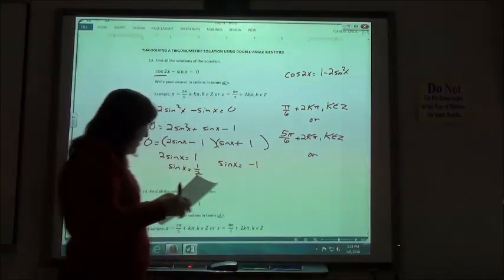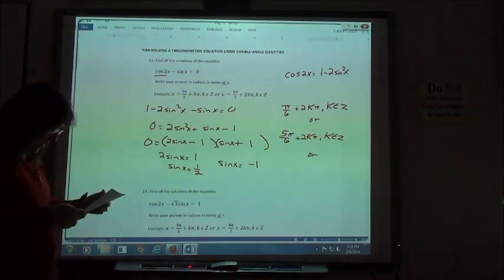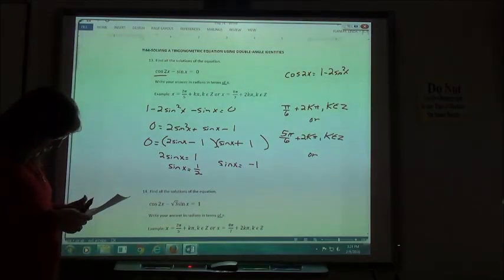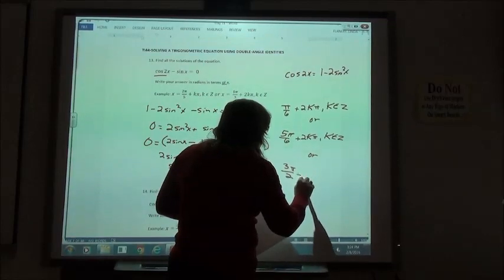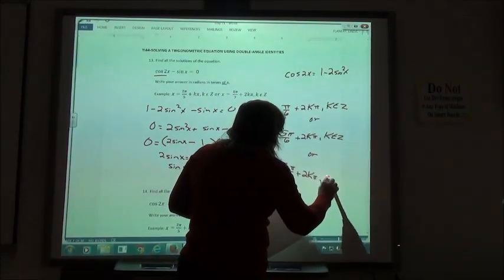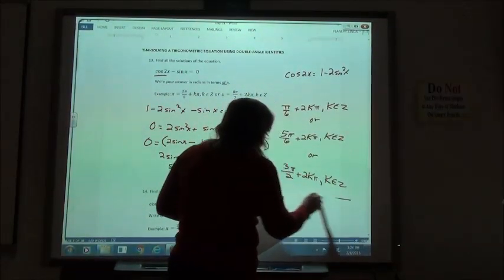Or sine of x equals -1. Sine of x equals -1, we only have one answer there, 3 pi over 2. So 3 pi over 2 plus 2k pi, with k being an element of z.